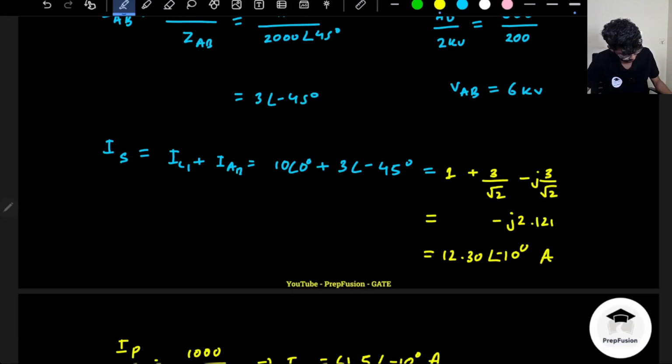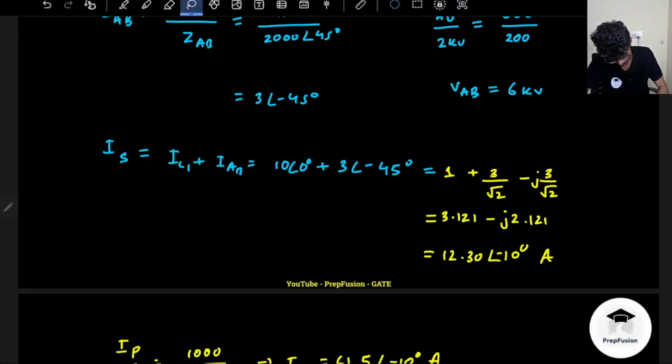So 3 divided by root 2 plus 1. So this will be 3.121 squared plus 2.121 whole square under root.